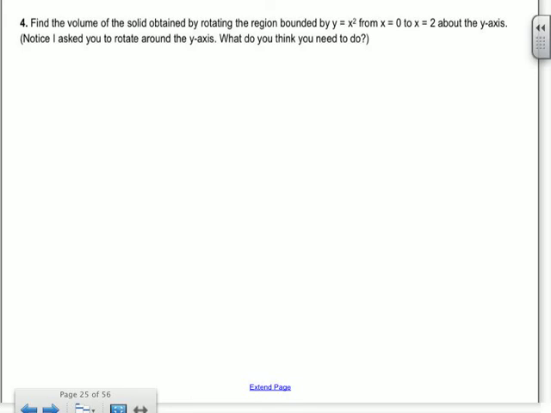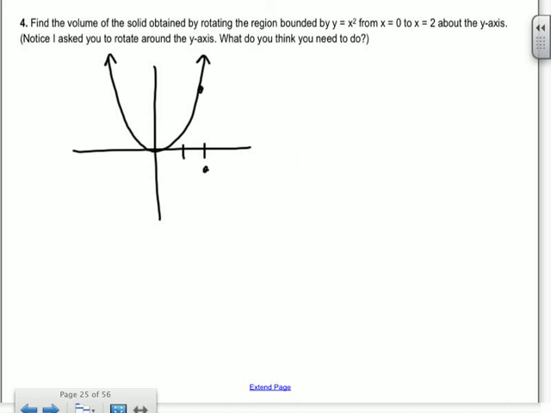Okay, so now let's do it around the y-axis. So find the volume of the solid obtained by rotating the region bounded by y equals x squared, from x equals 0 to 2.